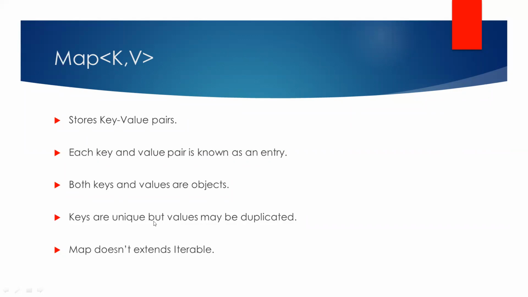Keys are unique, but value may be duplicate. And map doesn't extend iterable. Remember this one. So we cannot use direct iterator and for each with the map object. But indirectly we can use it; directly we cannot iterate by using for each and iterator.